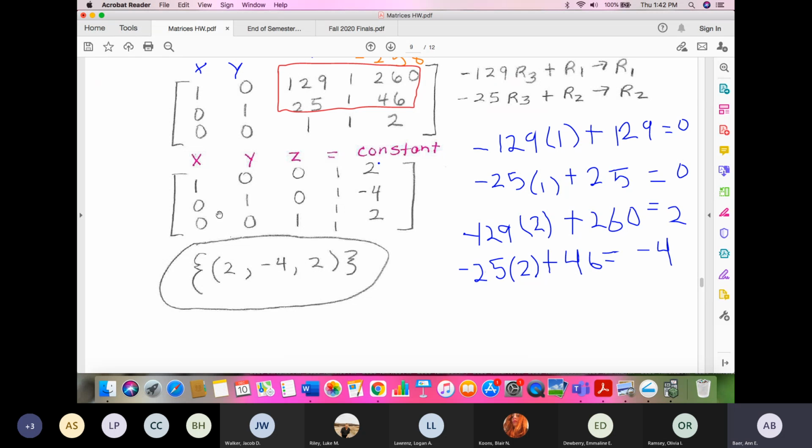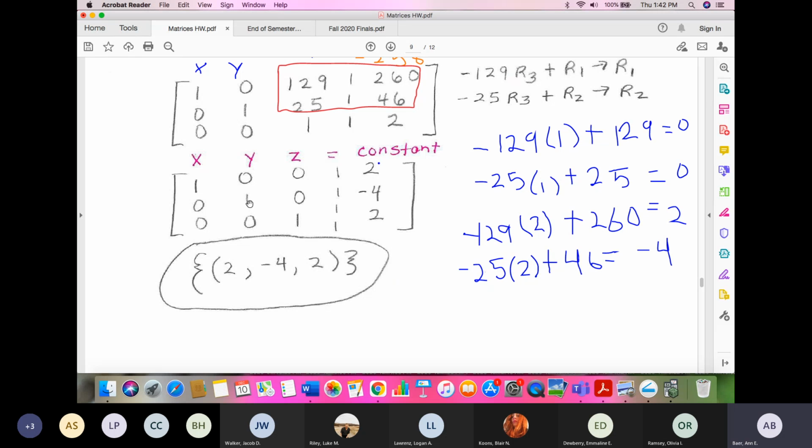Let's look at the second row. 0x means we have no x's, so we have nothing. Plus 1 times y, which is y, plus 0z. 0 times z is 0.